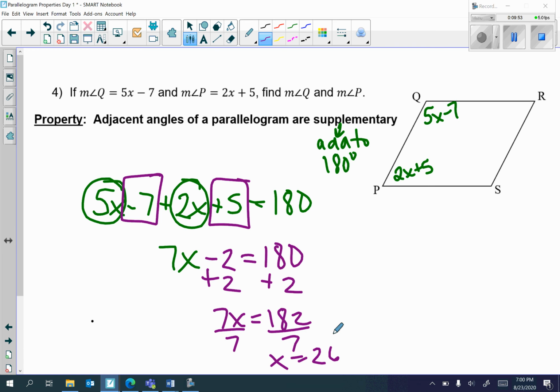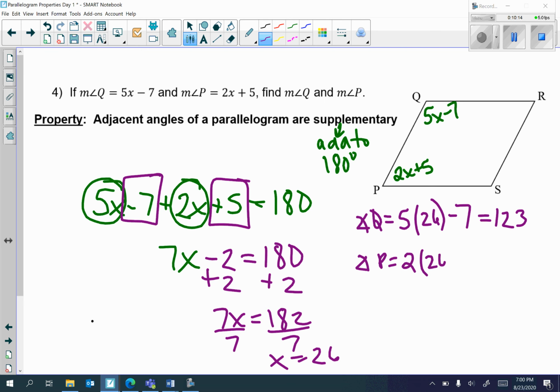x is equal to 26, but remember, I have to substitute back in. So for angle Q, 5 times 26 minus 7. Again, we put this in our calculator. 5 times 26 minus 7 is 123. And then angle P is 2 times 26 plus 5.